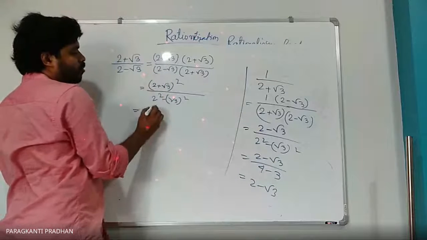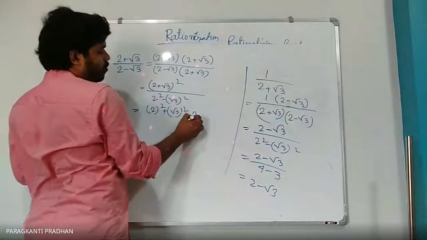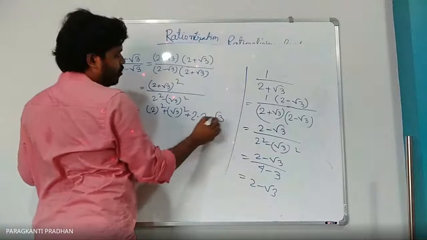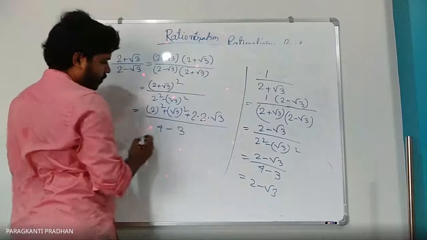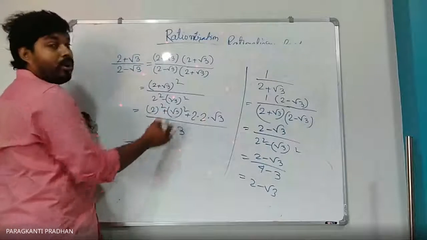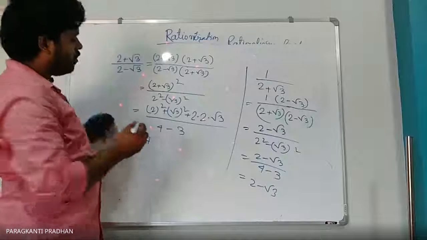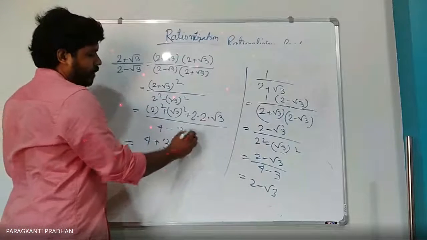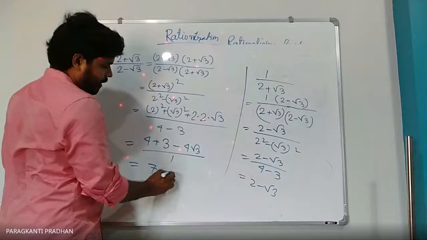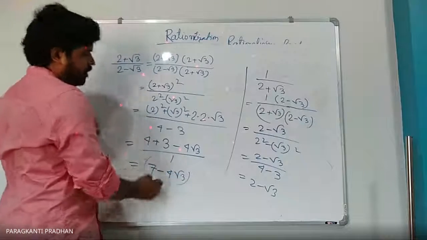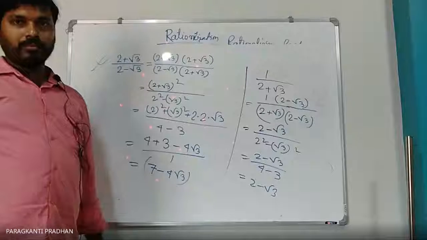So this is 2 square plus root 3 square plus 2 into 2 root 3, by 4 minus 3. What will be the value of root 3 square? 3. Very good. This will be 7 plus 4 root 3 by 1. So this is the rationalized value. Is it clear, everyone? Yes, sir.